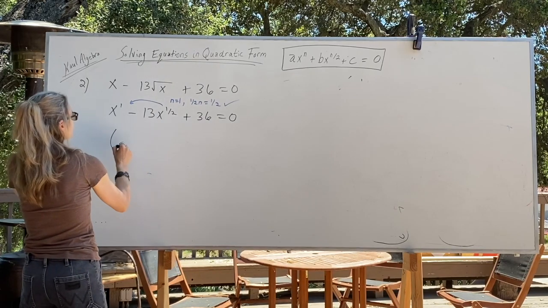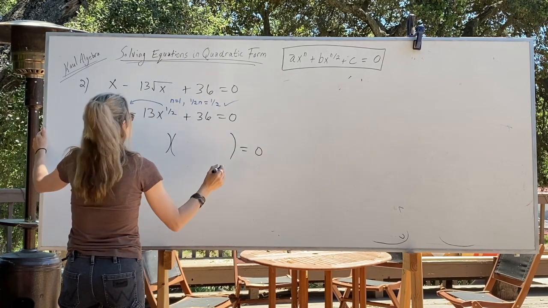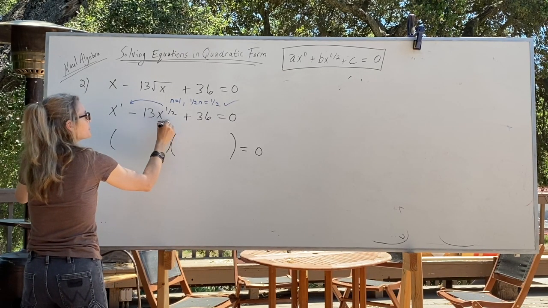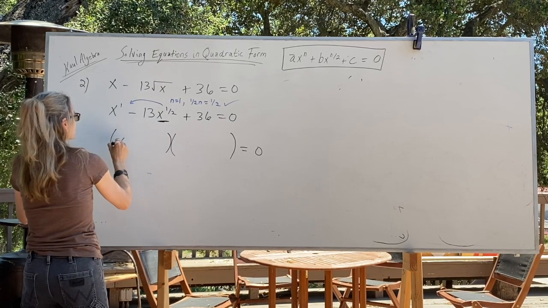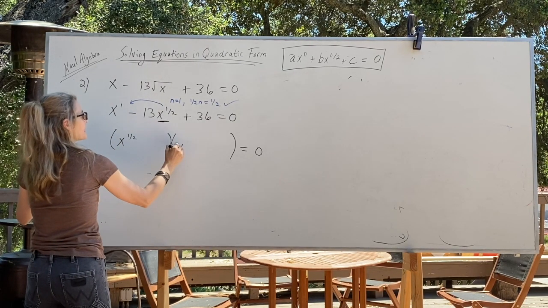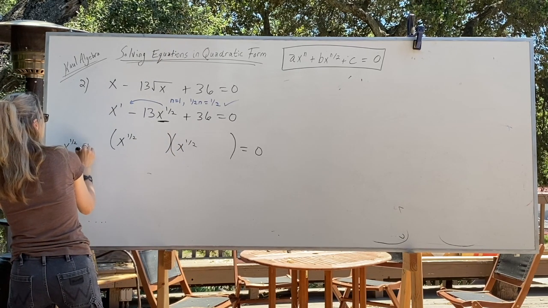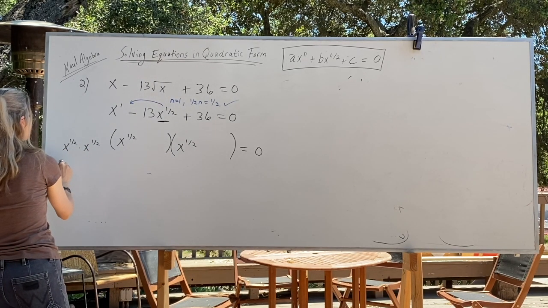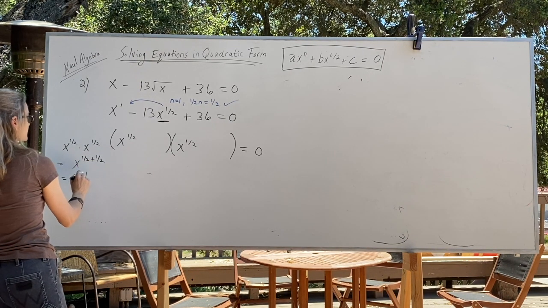So here, when I factor this, I want to again use my middle term exponent. So I'm going to get x to the 1/2 here, and x to the 1/2 here. And note that x to the 1/2 times x to the 1/2, by our rules of exponents, gives me x to the 1/2 plus 1/2, which equals x to the first power.